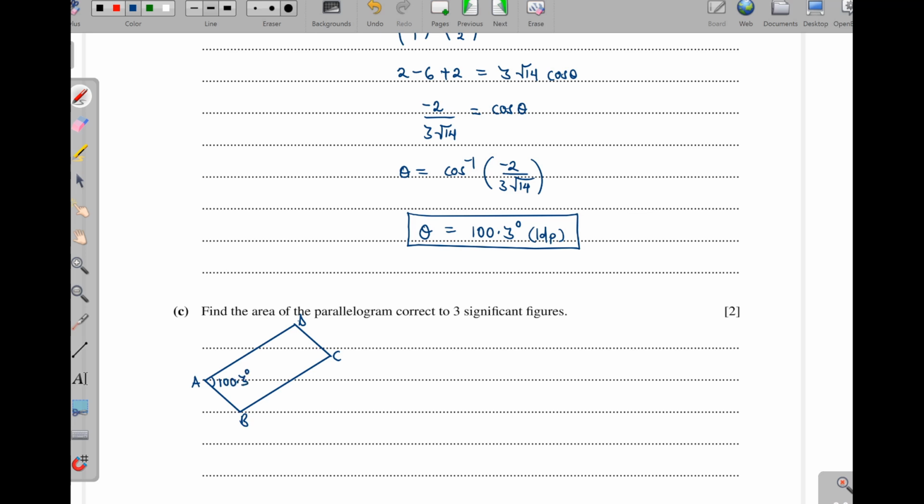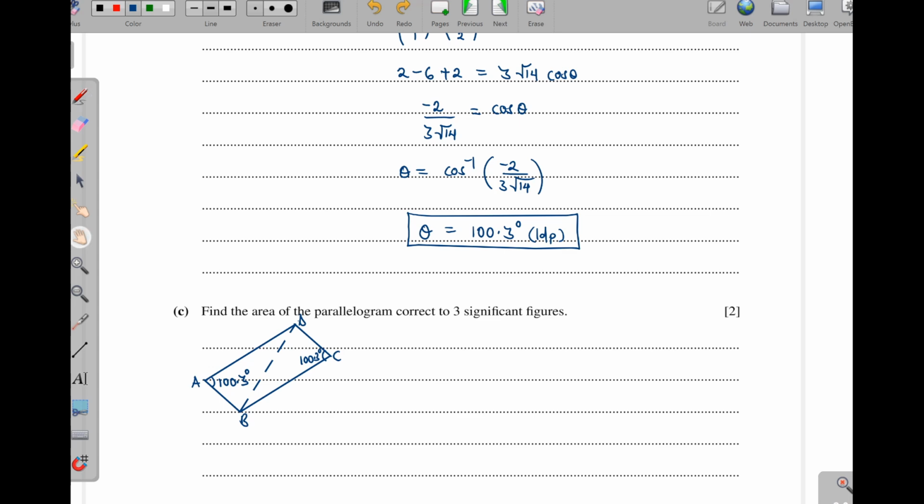100.3 degrees, okay? Of course, these two angles are equal, the opposite angles. So even this one is going to be 100.3 degrees, okay? So that means I'm going to find the area of one triangle, then I multiply it by 2, because we are seeing two congruent triangles.